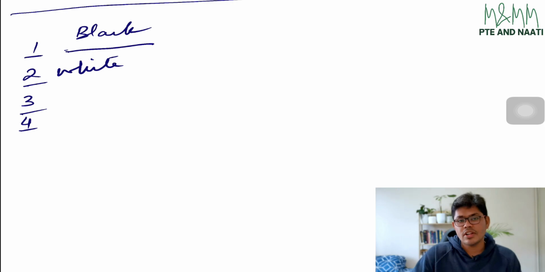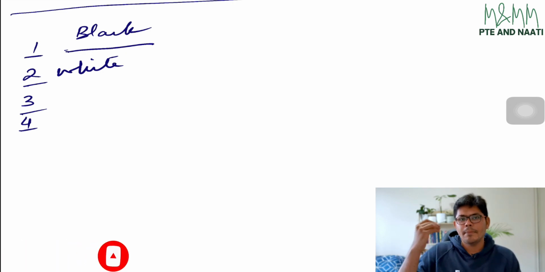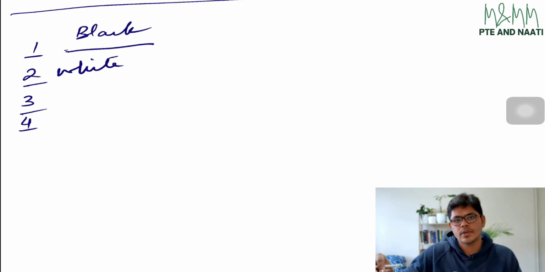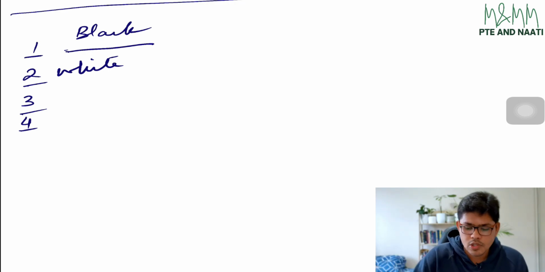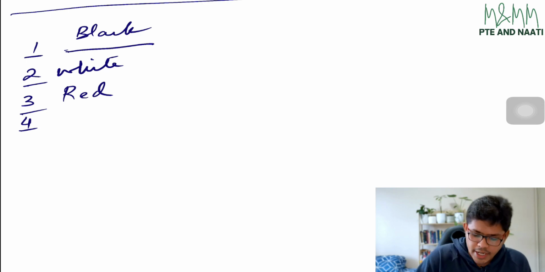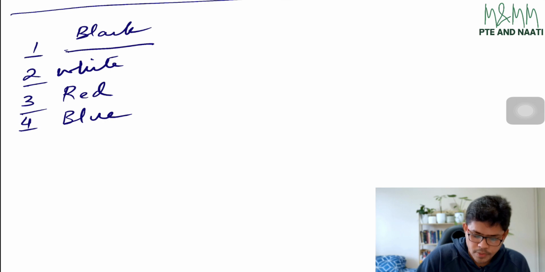Then third, I will write down the category which is at the top of the image. Why? Because in the fourth sentence, after I have memorized the template, my brain is trained in that way that the fourth sentence I'll say so and so categories is at the top of the image and so categories is at the bottom of the image. So third will be the category which is at the top of the image. Let's say red. And last, the bottom one, let's say blue.